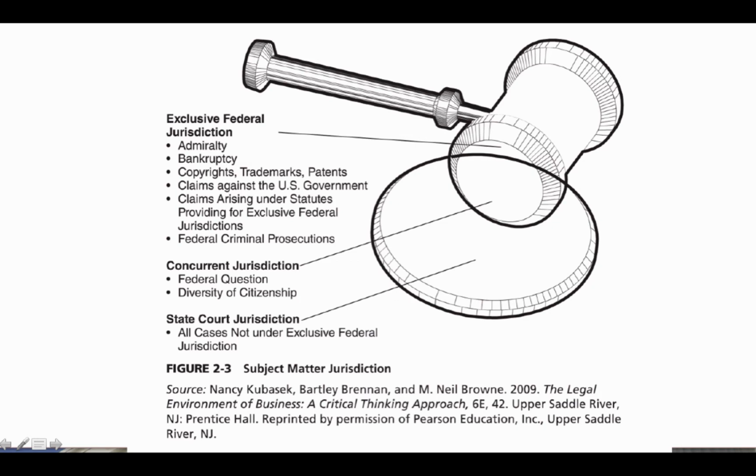If the case is filed in state court, the defendant has a right of removal, which means that he or she may have the case transferred to federal court. If the plaintiff files in federal court, the case must be heard in that court.